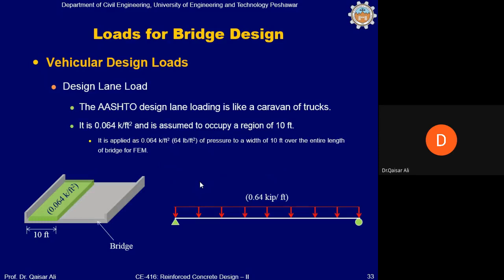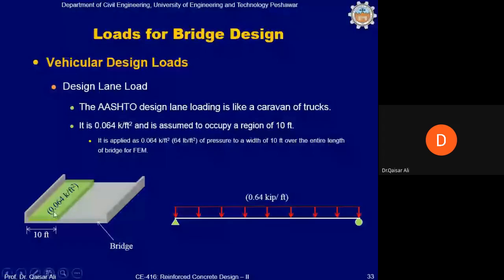Design lane load is a third type of bridge load defined by AASHTO. The AASHTO design lane loading is like a caravan of trucks. If there are many trucks, one after another, passing over a bridge, then in order to simulate this effect, this lane load has been included by AASHTO, which is basically 0.64 kip per foot, or 64 pound per square foot, and this load is assumed to occupy a region of 10 feet as shown in the figure on the left.